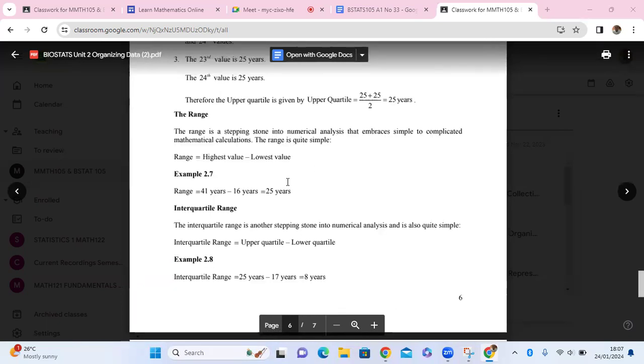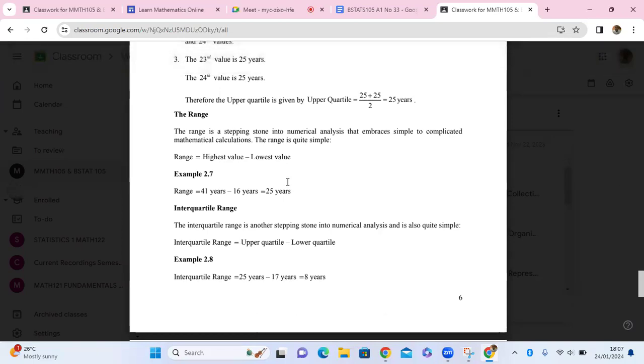Now the interquartile range is another descriptive measure that describes how different the values are from each other, but it is not using the highest and the lowest value, it is using the upper quartile and the lower quartile. So it's a little bit more inside of the values itself.